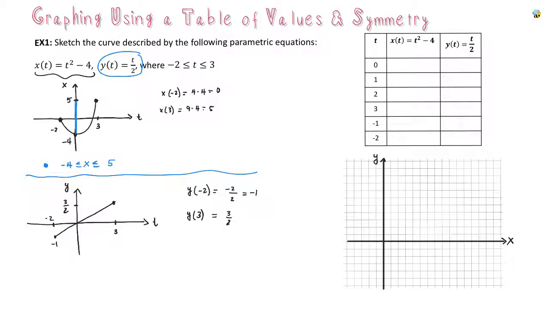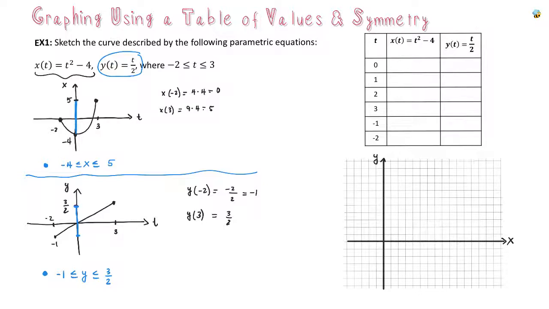So then the y values of my parametric curve are going to go from negative 1 over here all the way to 3 over 2. I want to go ahead and make a note of that. I know that negative 1 is less than or equal to y, and y is less than or equal to 3 over 2. That means that y is going to be between negative 1 and 3 over 2.